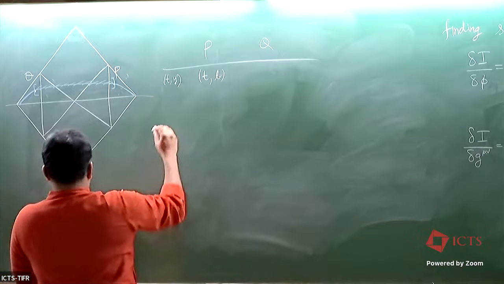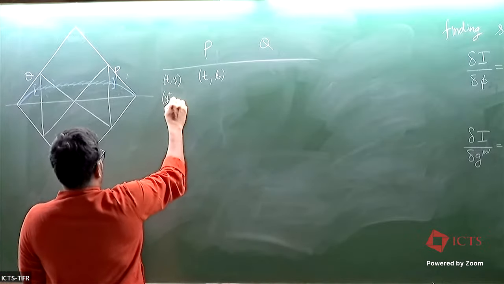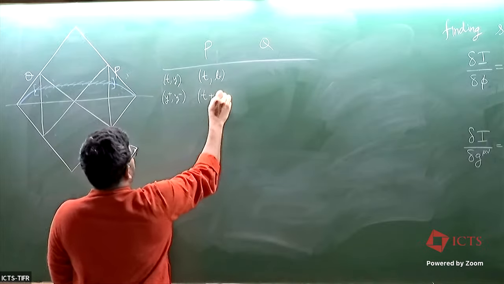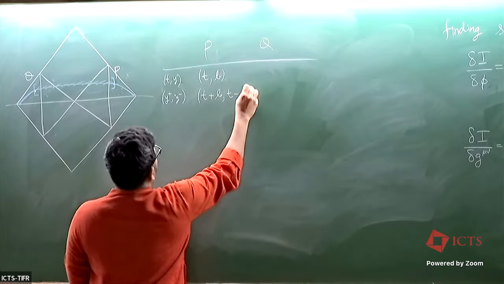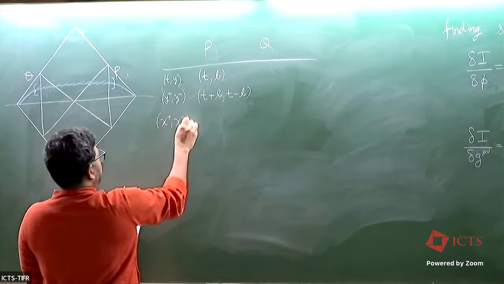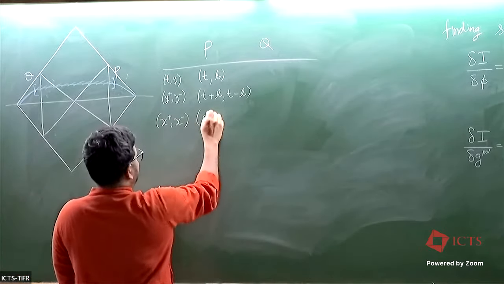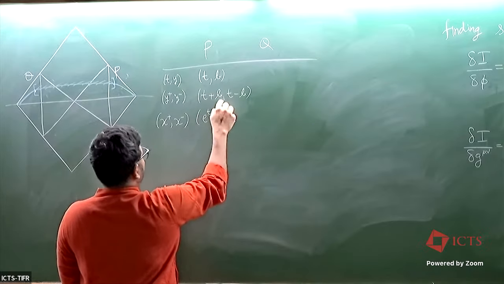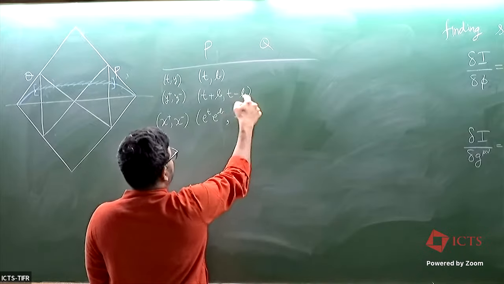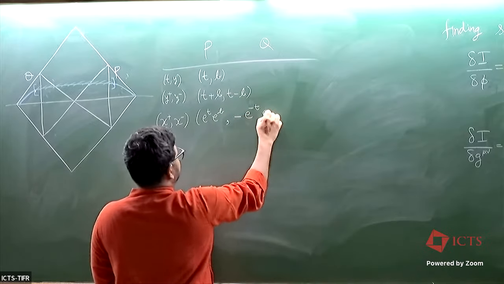Okay. So, but I will write them later. So we have y plus, y minus. It is t plus b, t minus b, and x plus, x minus coordinate is e to the t, e to the b. We have to exponentiate this. And we have to put a minus sign and exponentiate this with a minus sign. So e to the minus t, e to the b.